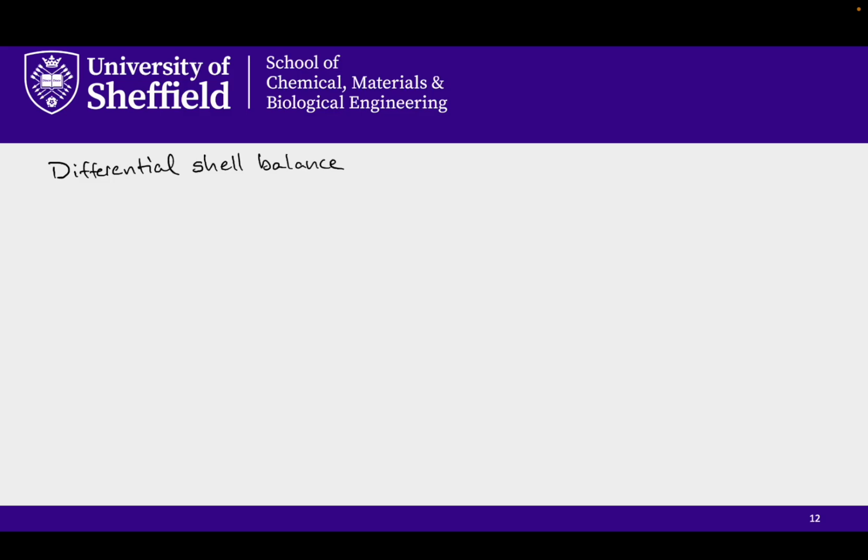To derive our governing equation, we'll write the differential shell balance, and our differential shell has differential sides in the delta y and delta z directions because those are the dimensions in which we want to create an equation. X is not varying in this problem, so we'll just give the full width.